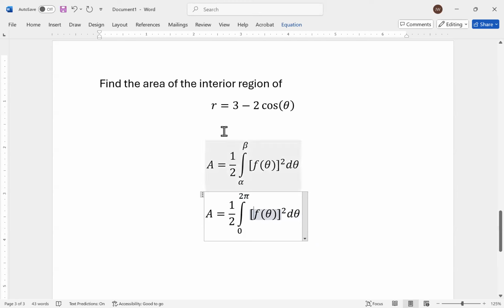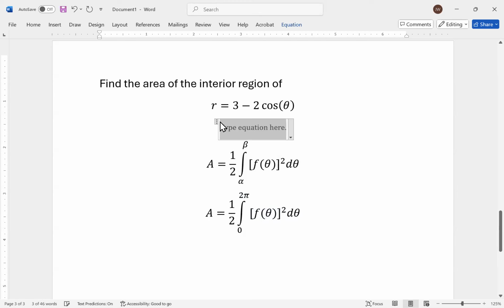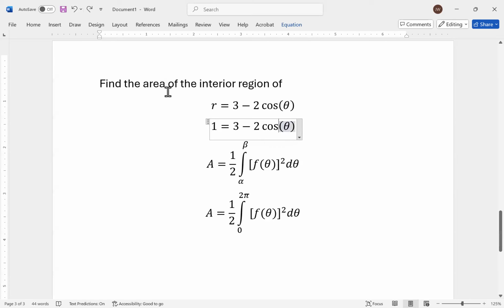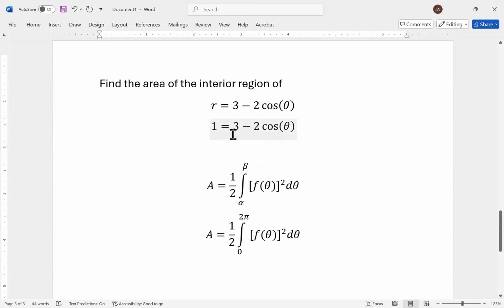You could have also done this algebraically. In this case, you would want to set r equals 1 and then solve for that. You don't want to set r equals 0 because r is never 0 in this case. But if you set r equals 1, then you can solve this algebraically.